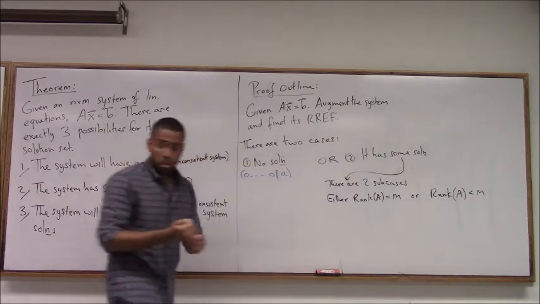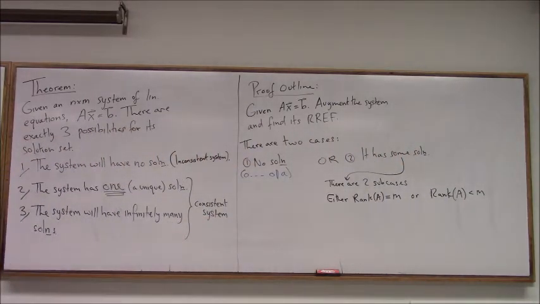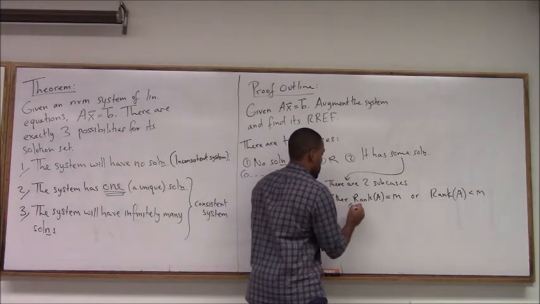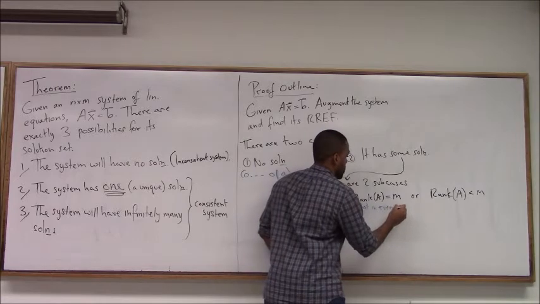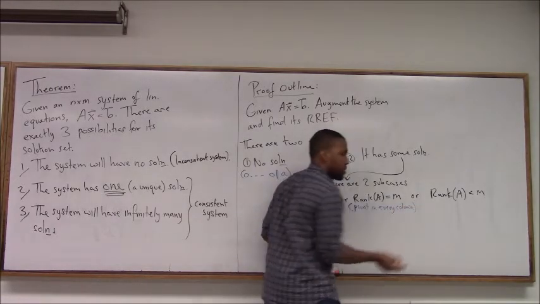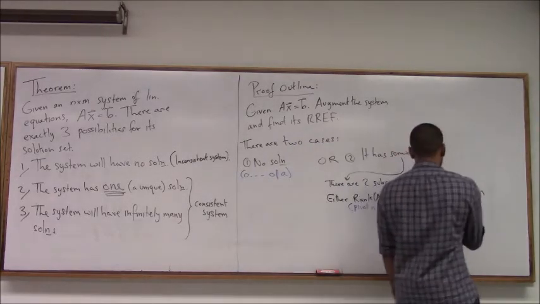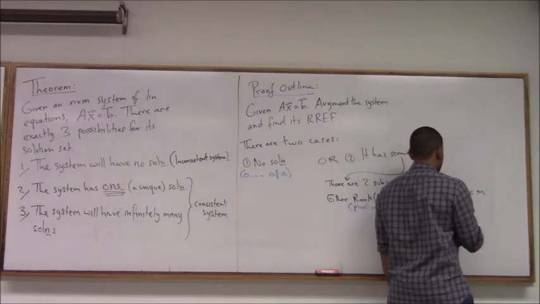Basically, it's a mathematical way of saying there's a pivot in every column, or there's not a pivot in every column.